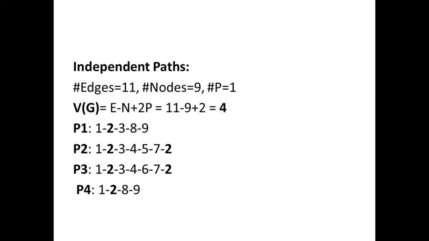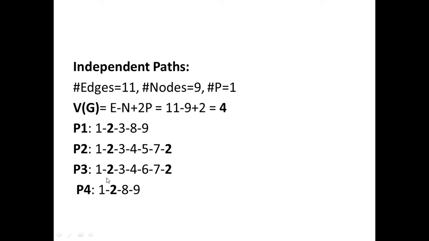By using that edge, your graph is strongly connected. That one edge is considered as p, the linear edge, so p is one here. Applying this formula, you will get four independent paths.